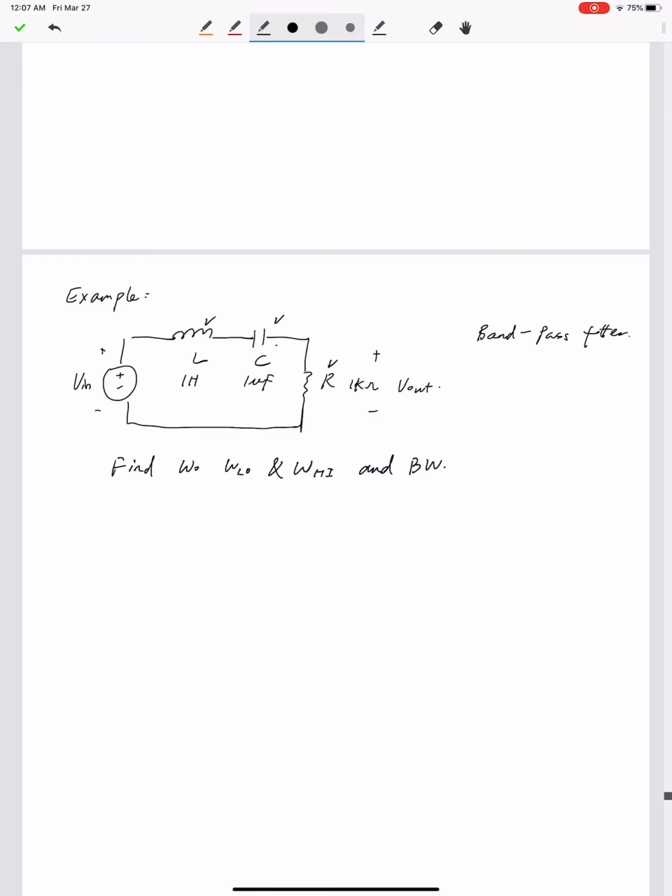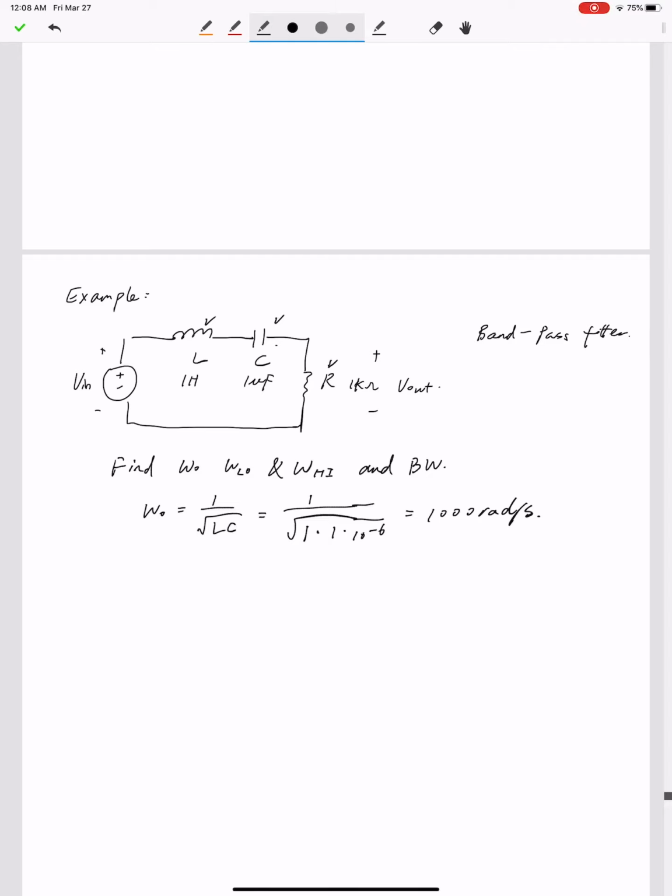And also we know the inductance, capacitance, and resistance. So from this information, we can use the formula of central frequency, that is omega 0 equals 1 over square root of LC. So we can just plug in the inductance and the capacitance. Inductance is 1 Henry. Capacitance is 1 microfarad. We need to convert 1 microfarad to farad, which is 1 times 10 to the power of minus 6. Right? The result is 1000 radian per second.